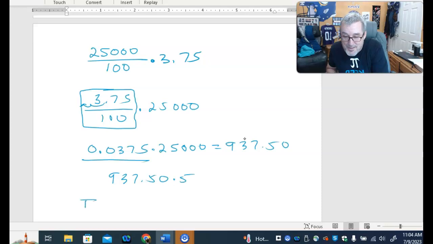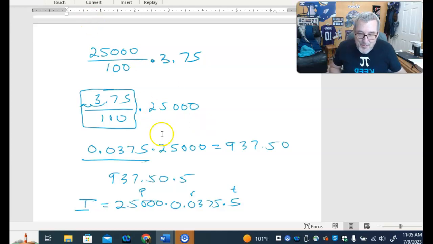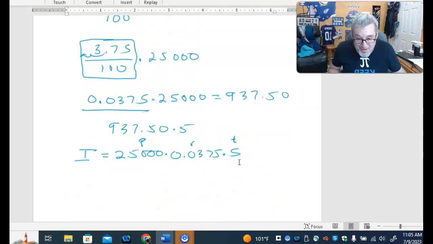Now the formula was the interest you earn is the principal times the rate times the time. It's PRT. And if you look back here, that's exactly what we did. We took the rate times the principal, and then we did that for 5 years. My argument is, let students figure that out.